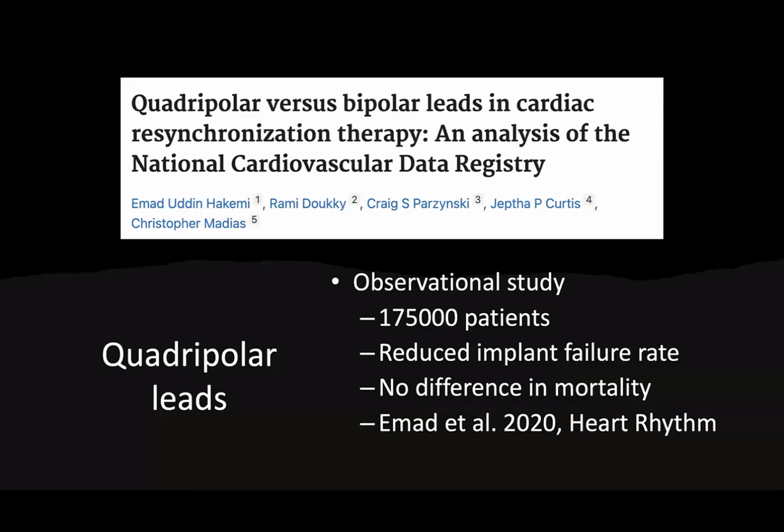The advantage, of course, being in the group of patients in whom bipolar lead placement was not possible, but a quadrupolar lead placement was. It's important to note that quadrupolar leads are slightly bigger than bipolar leads, and in some instances, the veins into which they're supposed to be placed are too small.